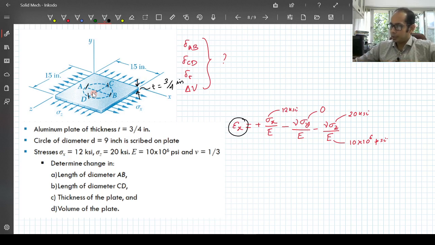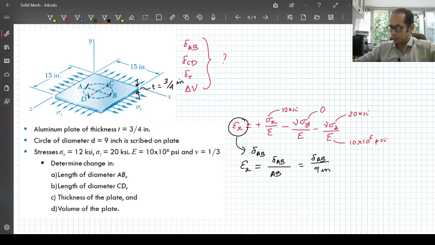Once we get this epsilon x, your next step is to calculate delta AB. Remember how the delta and the epsilons are related? I know that epsilon x is nothing but delta AB divided by the original length of AB, which was 9 inch.